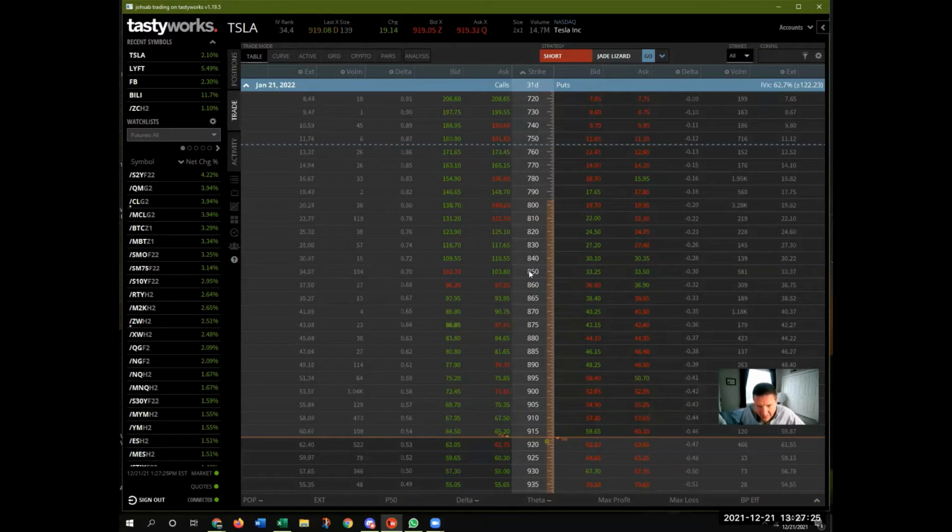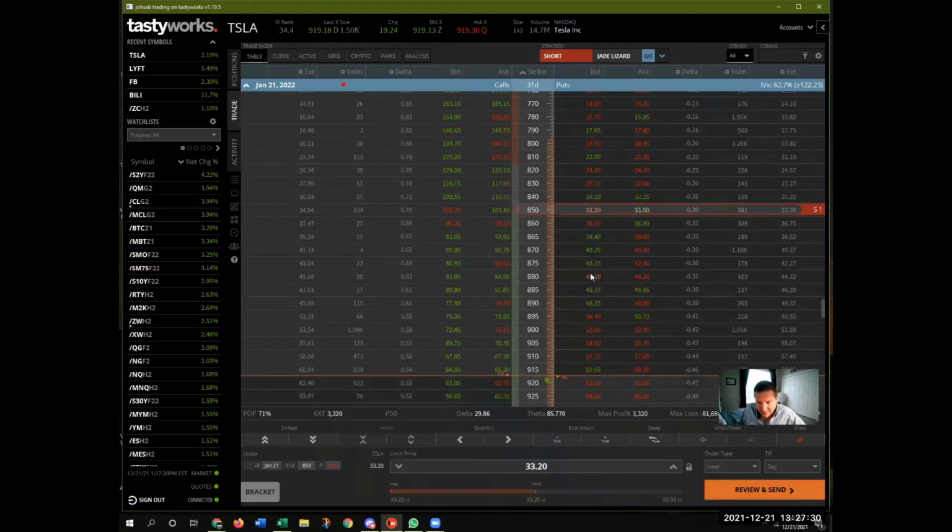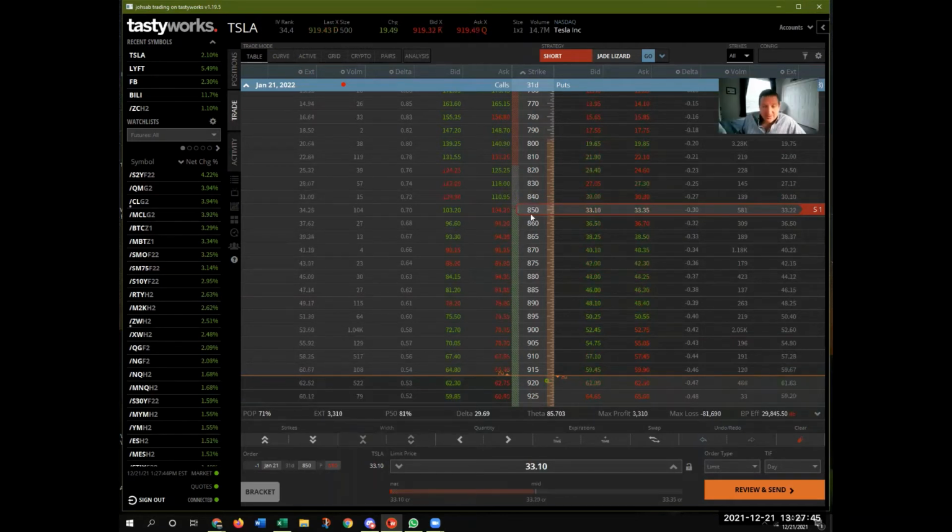This is not a trade recommendation, just an example. Let's say I want to do a 10 wide. Let me start with this to show you the difference. If I sell the 850 put, that means I'll make money if Tesla is above $850 at expiration on January 21st.